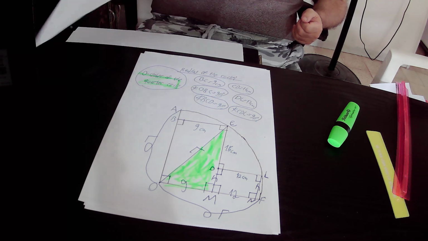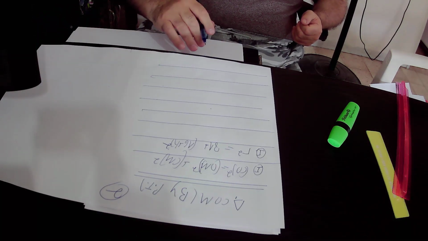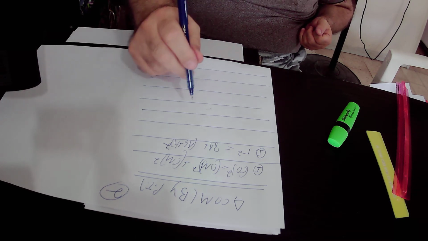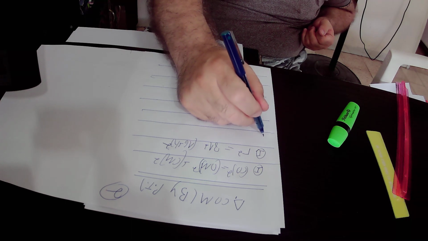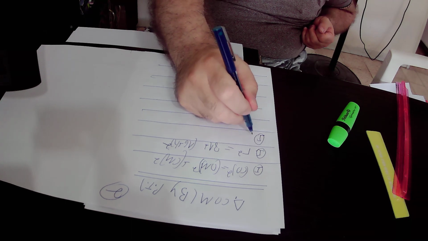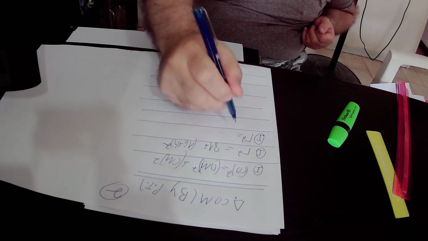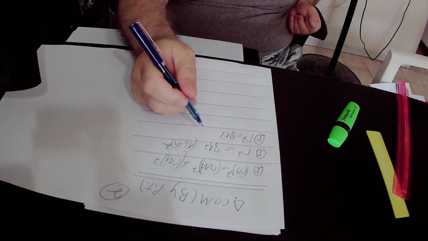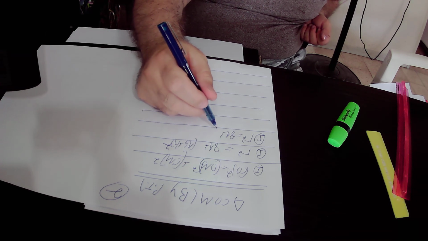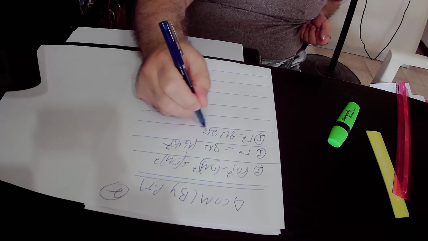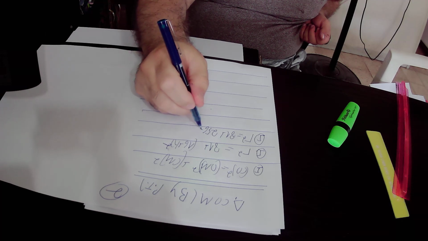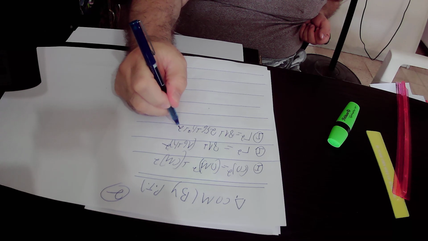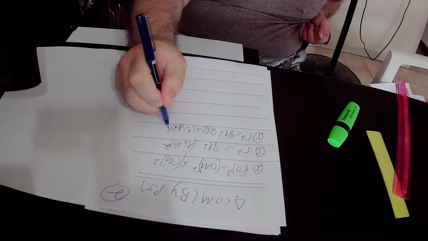So in conclusion, we found out that according to equation number 1, R squared equals 81 plus (16 plus H) squared. Here we will open the brackets on this side of equation number 1, and we'll get that R squared equals 81 plus 16 squared, which is 256, plus H squared, plus 2 times 16, which is 32, times H, that is 32H.